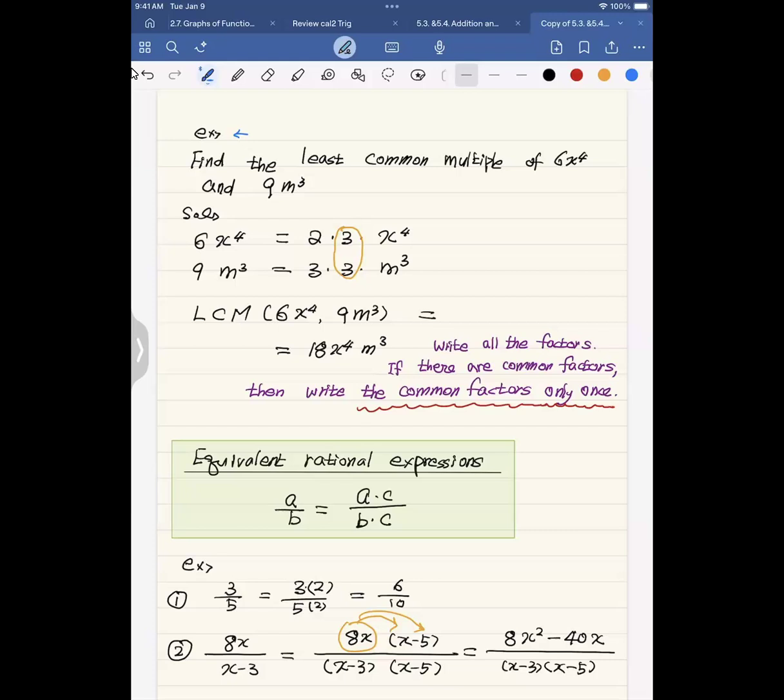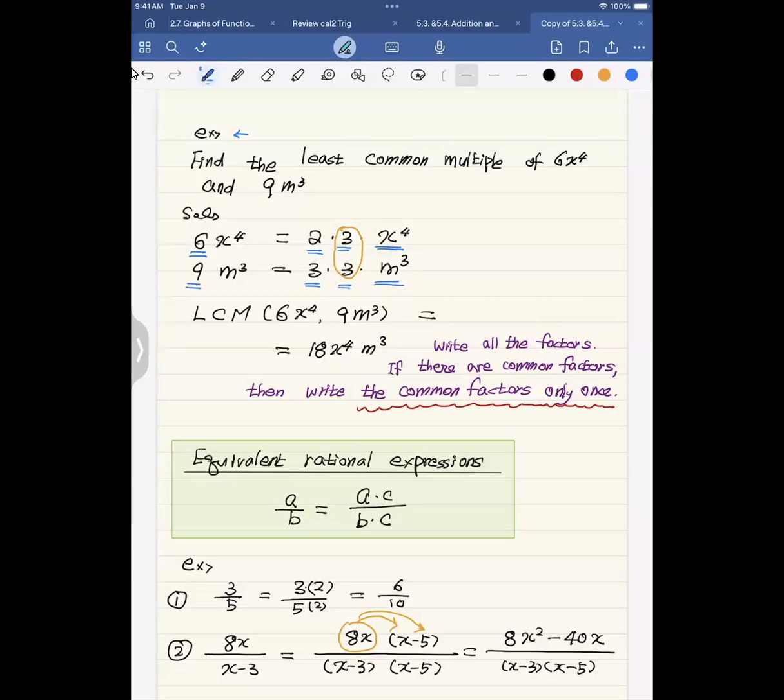When you do that, we have to factor both. 6 can be factored into 2 times 3, and let's leave x to the fourth power as it is. 9 can be written as 3 times 3. And we have m cubed.